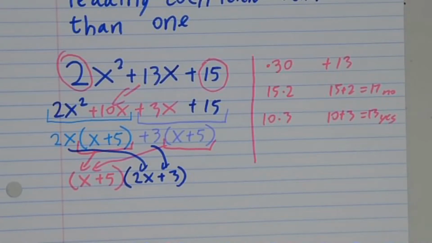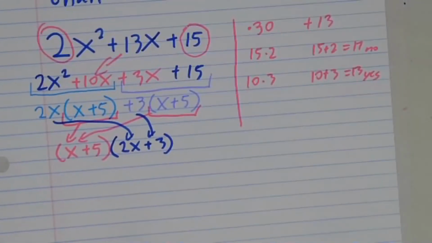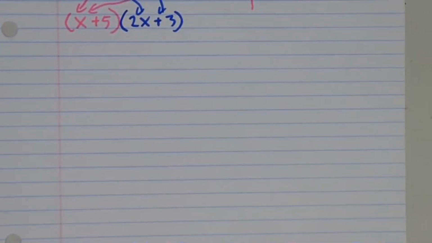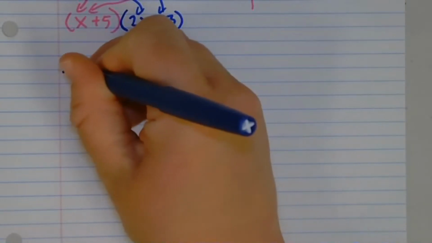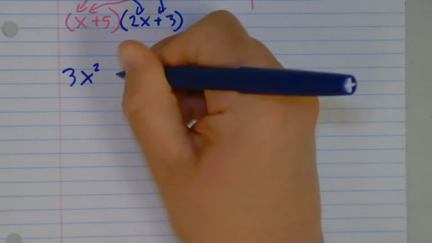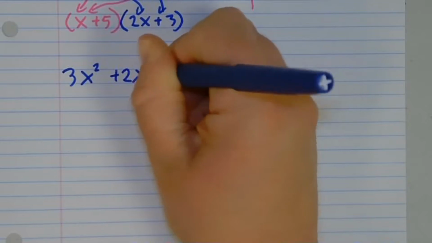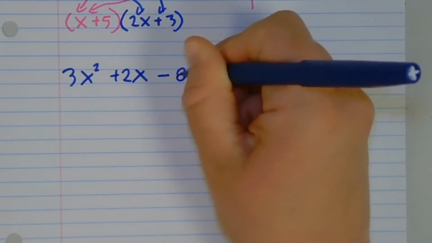So I'll do another example that's just slightly more complicated because it has a minus sign in it. So we have to start thinking about signs. So 3x squared plus 2x minus 8.